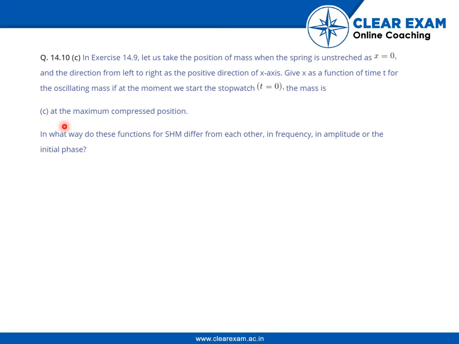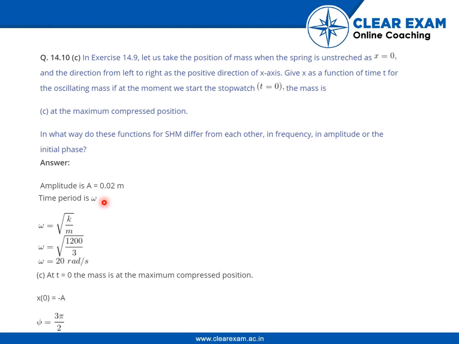Now, in what way do these functions for SHM differ from each other in frequency, in amplitude, or the initial phase at the maximum compressed position? So amplitude is this, time period is this, and at t equals 0, the mass is at the maximum compressed position.